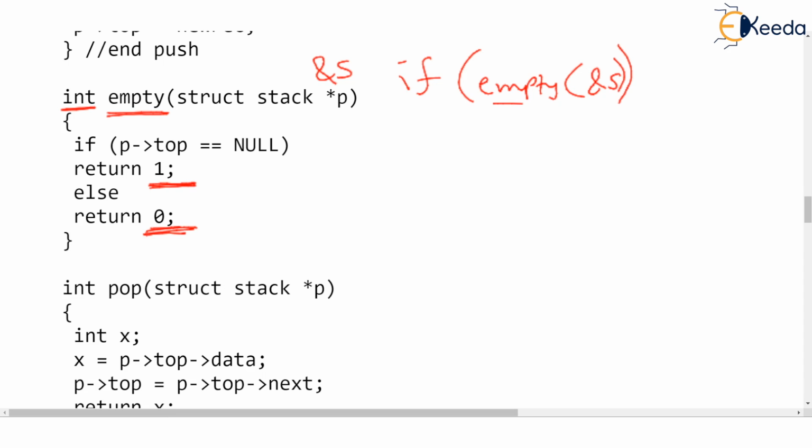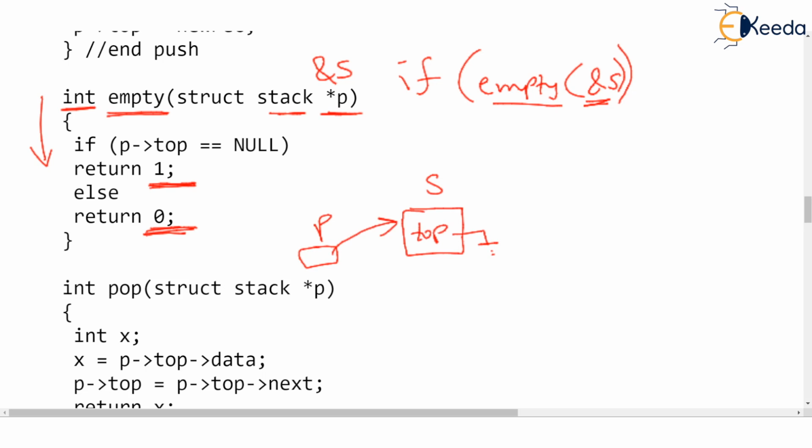So the empty function is taking the address of s, and address of s is as usual copied in the pointer p, which is of type stack. To understand this empty function, you assume that the stack is really empty. That means top is null. Then you know that this pointer p, which is now pointing to s, because p stores address of s, as you see here.